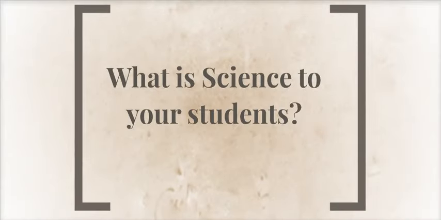hopefully by now, getting back to this what is science to your students, you'll start to really see when we're talking about this three-dimensional approach to science that it's a bit different. We're looking to integrate all three pieces together so that science can be a way for the kids to learn about the world, but that science can't stand alone.